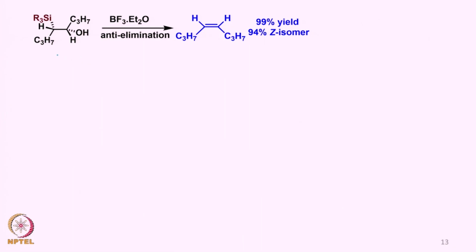When you have the stereochemistry of the molecule written like this, you have C3H7 here and C3H7 here, and the OH group which is going to react with the BF3 and H, and of course a positive charge here and the negative charge on the boron, and then you have a hydrogen here.